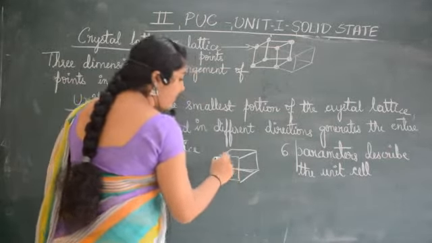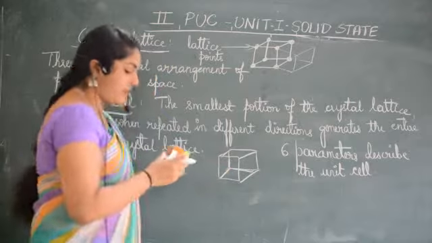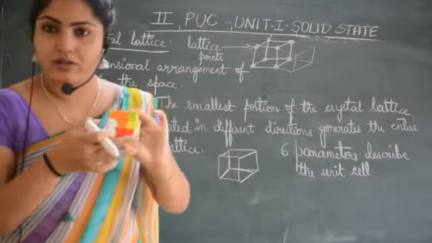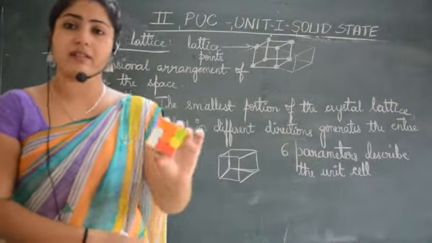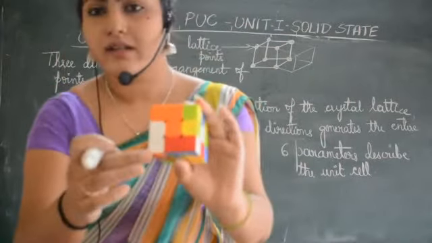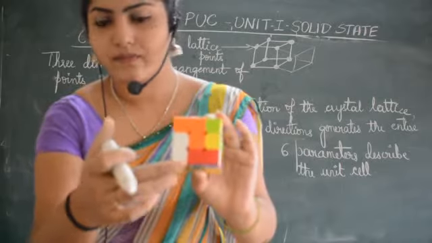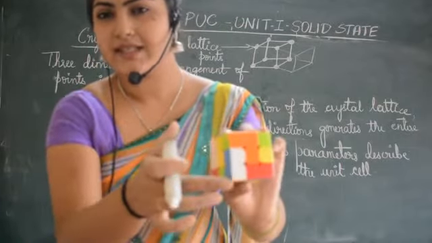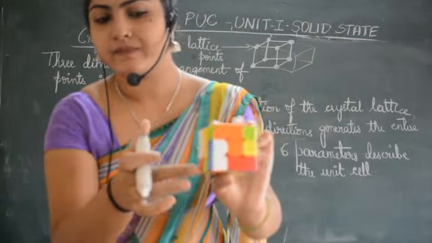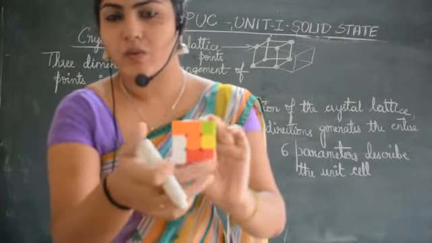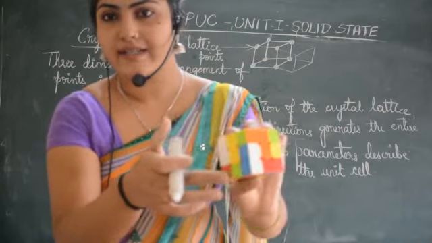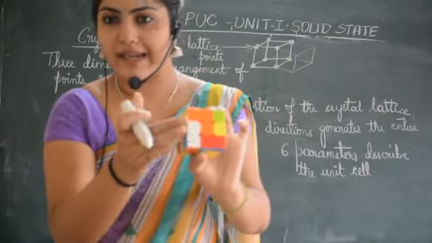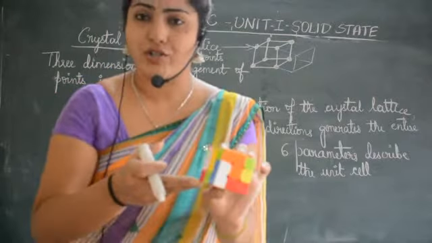3 are the edge lengths. Edge lengths means, see here, this is one edge. You're following? Hope you're getting it. This is one edge. X-axis, Y-axis, Z-axis. Here the length of the edge is called the edge length.